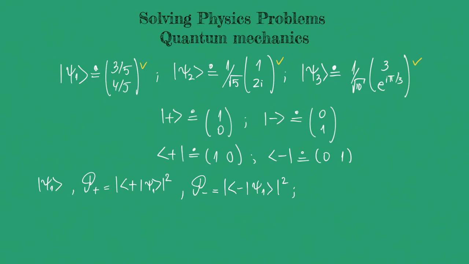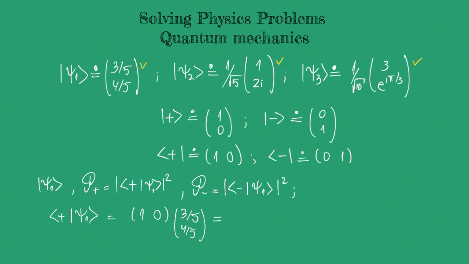For the case of spin up, we have bra plus ket psi 1. If we perform this calculation, bra plus is given by this matrix, and ket psi 1 is given by this matrix.